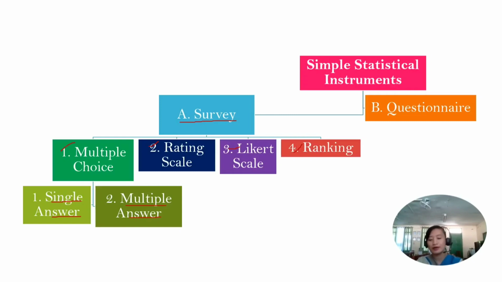And we have here a questionnaire, which is defined as another tool we use in conducting a survey. So this is just a tool. And remember, it has a series of questions that your respondents have to answer.